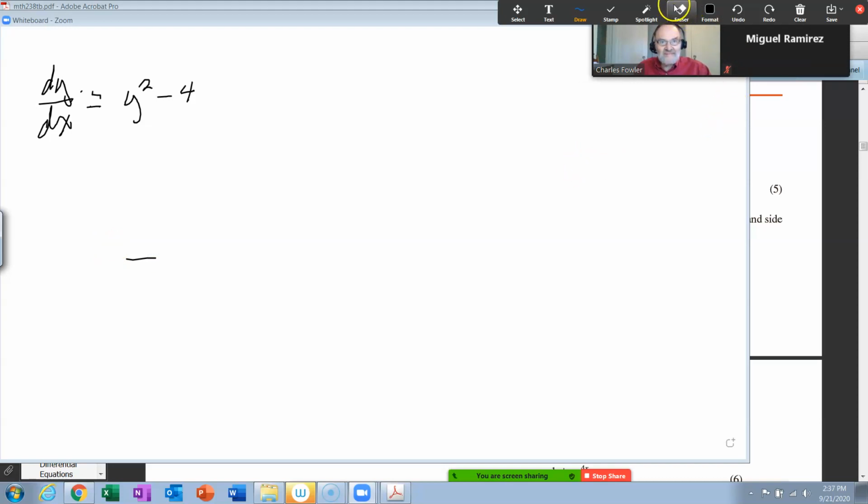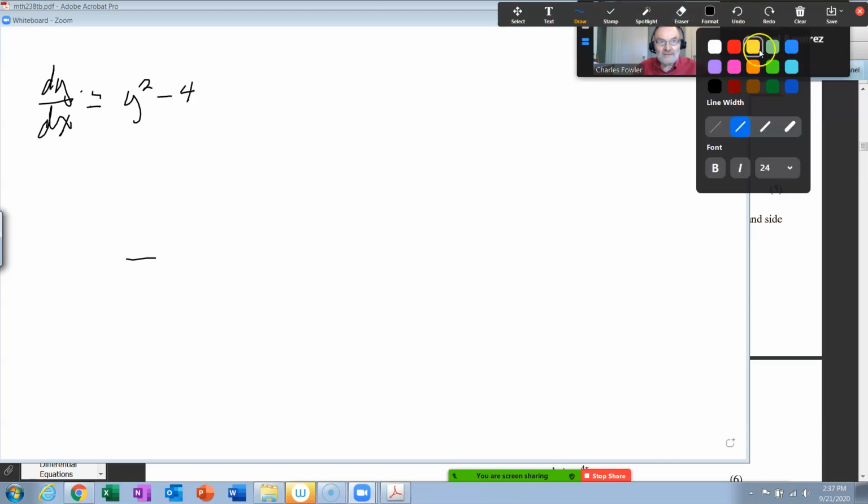Let me see if I can get that to erase. I can't seem to get my eraser to connect. It will not open. And I don't know why. There. Try it again.